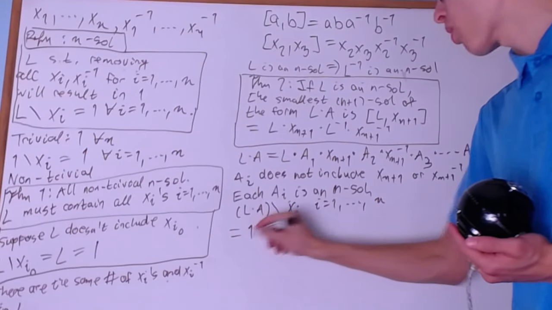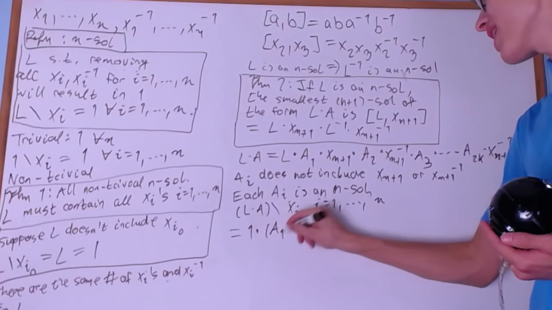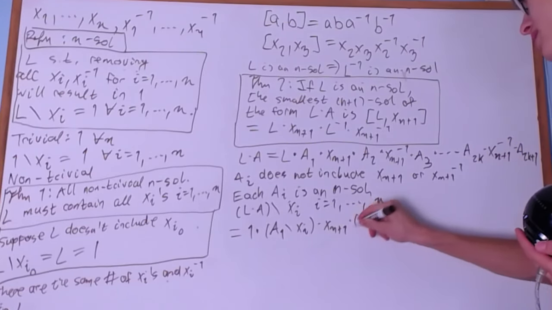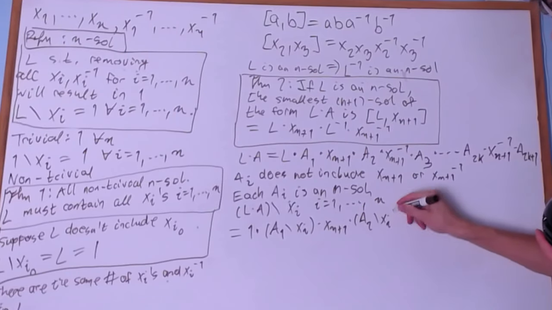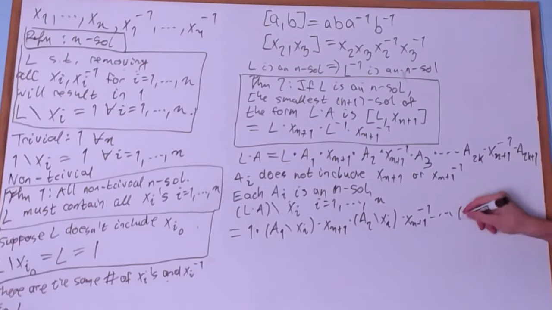And so that part will go to 1. Alright, then we'll have A1 removing xi times xn plus 1 times A2 removing xi times xn plus 1 inverse, all the way up until A2k removing xi, times xn plus 1 inverse, times A2k plus 1, removing xi. Alright, sorry I ran out of room there.